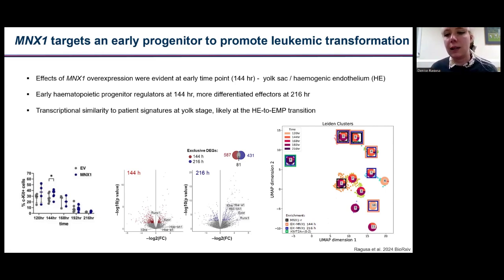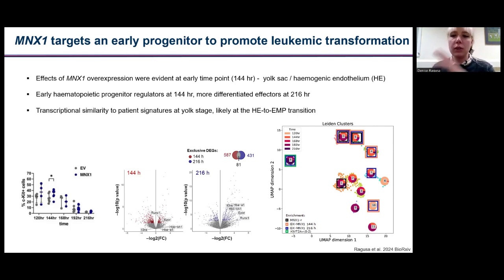And in fact, this one maps at clusters which are more differentiated and towards the very end of the time point at 216 hours, which again allows us to really dissect the cellular population at the time point at which MNX1, also in comparison to patient transcriptional programs, is more likely to be leukemogenic.